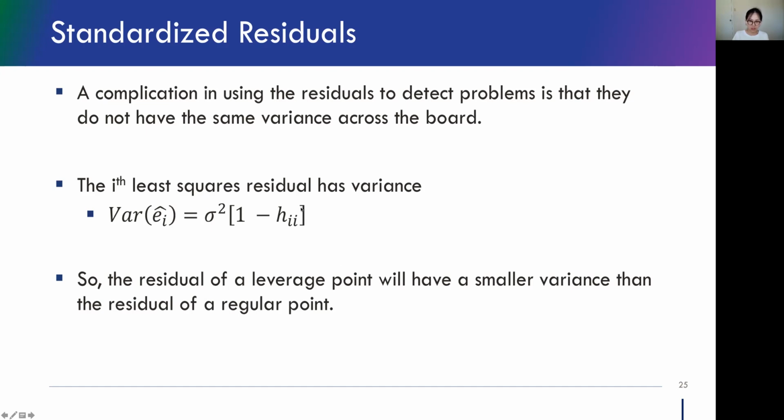So if this is high, then the whole variance of this residual will be low. So the variance of the residual by itself depends on whether it's a leverage point or not, so it's not constant. That's the problem with looking at the residuals by itself.